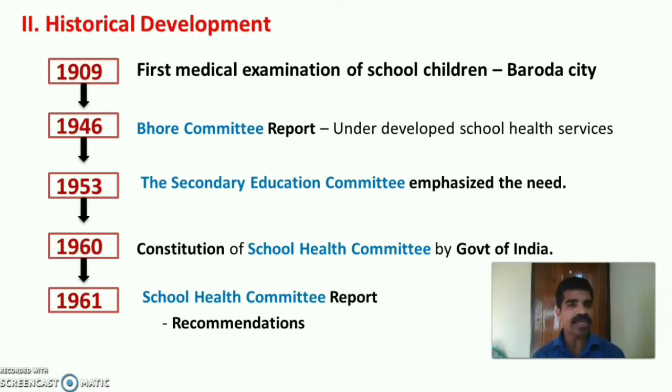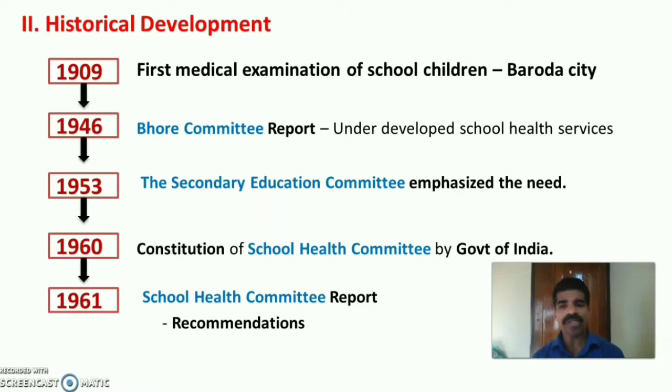Next is historical development of school health services or program in India. In 1909, the first medical examination for school children was done in Baroda city. Later in 1946, the Bhore Committee gave a report in which they mentioned that school health services in India were underdeveloped.